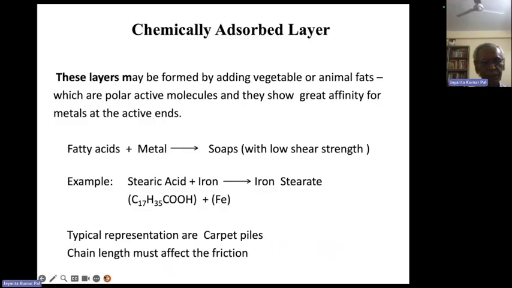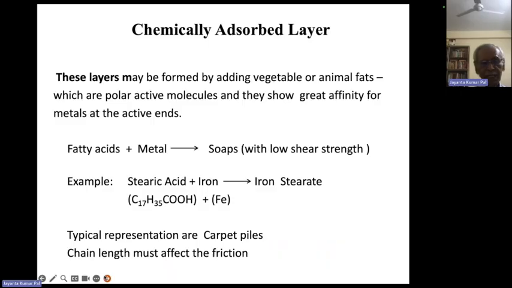So if we have a fatty acid and metal, then soaps will be formed. And these soaps are of low shear strength, and hence we get low friction. For example, if we look at stearic acid, which is C17H35COOH plus Fe, then we get iron stearate.